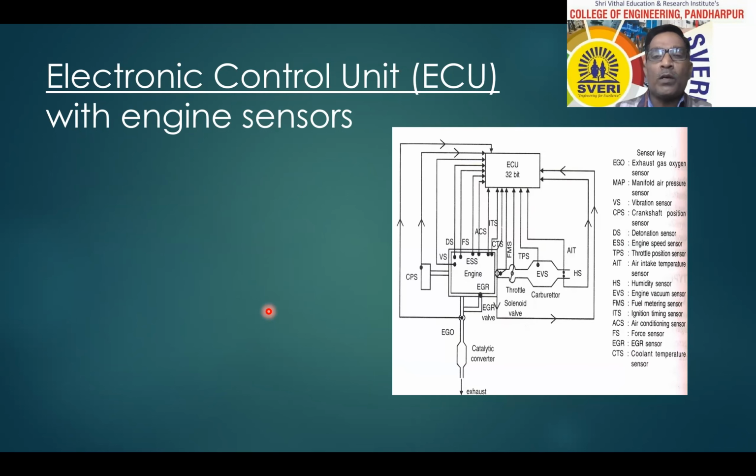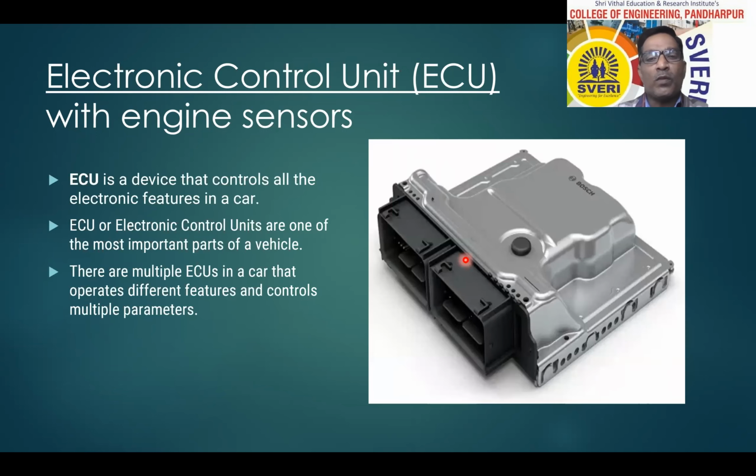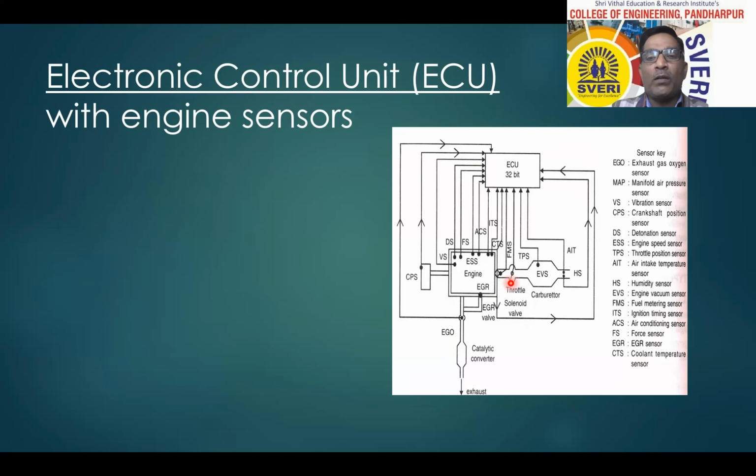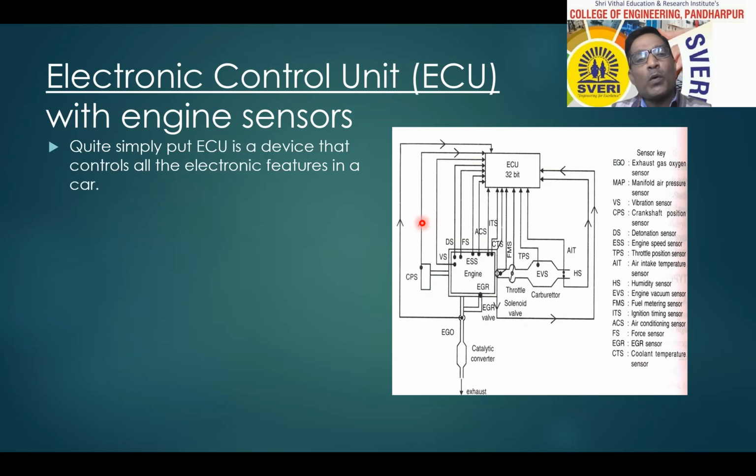So this one is the schematic. Whatever image we have seen, this one is the image, and in actuality such a circuit is provided, which includes various types of sensors.